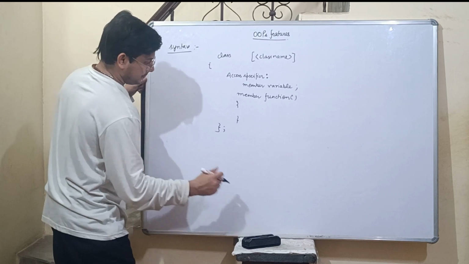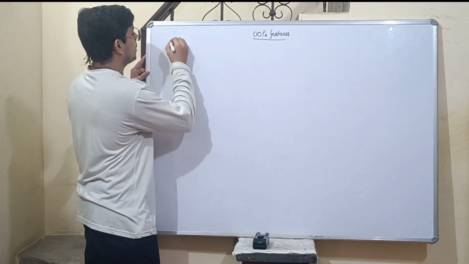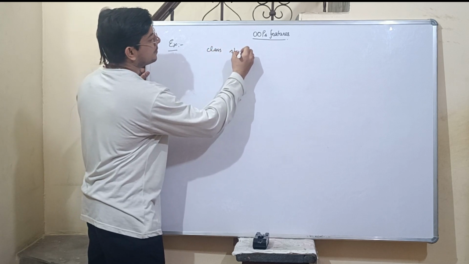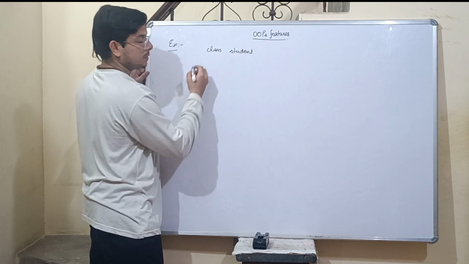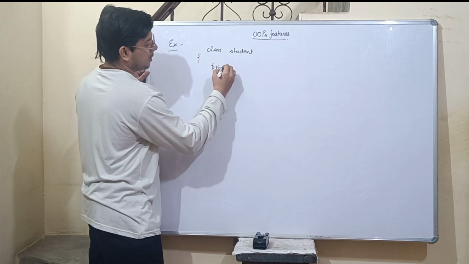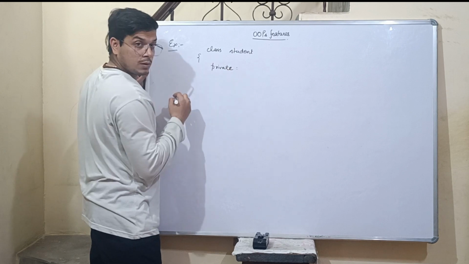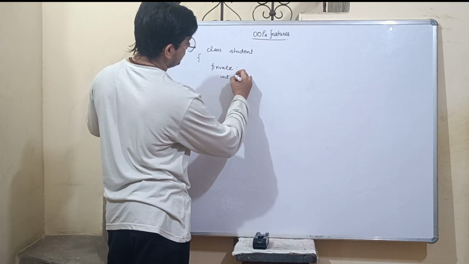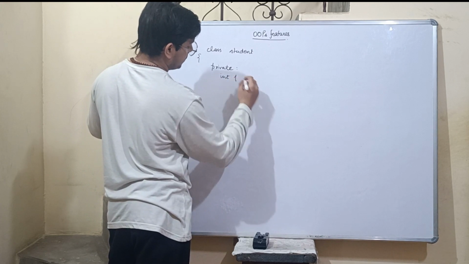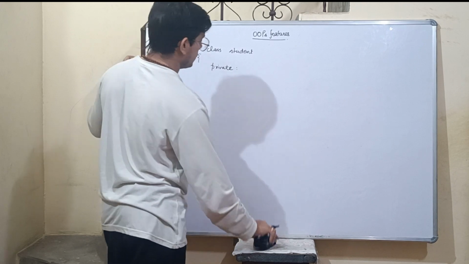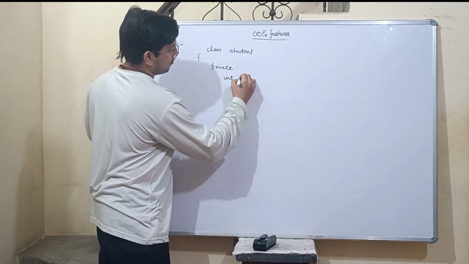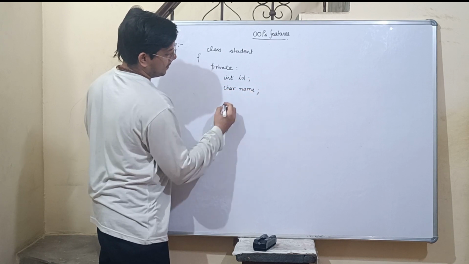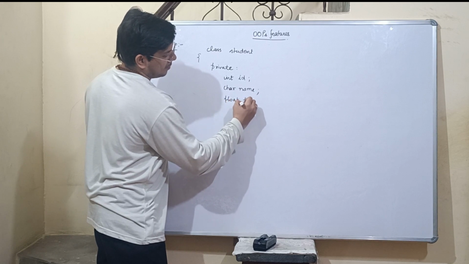Let's take an example. Let's take a class student, creating the member variables: character name, fees.